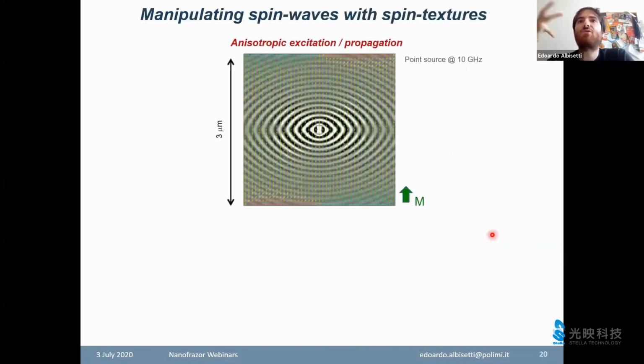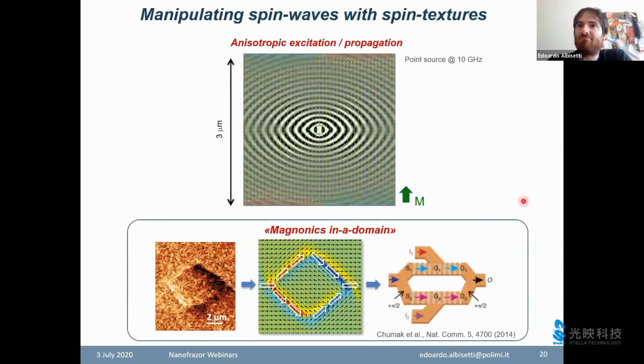And now comes why we can do something about spin waves with TAM-SPL. One of the rich phenomenology aspects that I told you before is that spin waves are highly anisotropic with respect to the direction of the magnetization in which they travel. For example, this is a striking example.